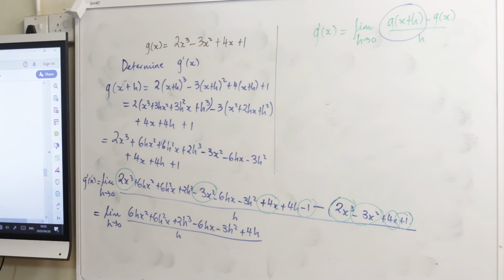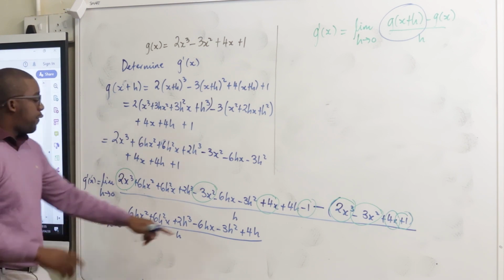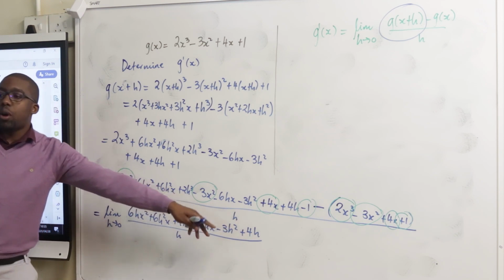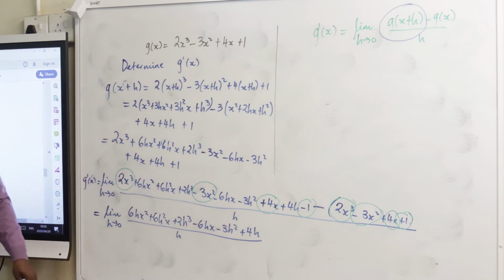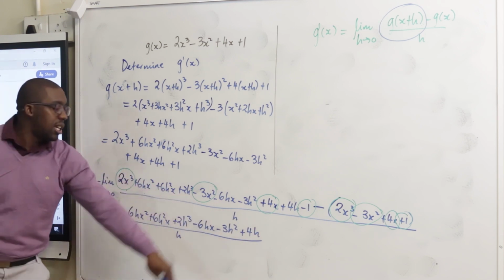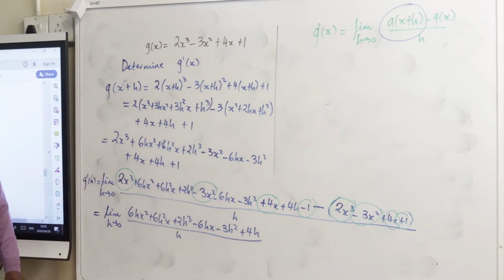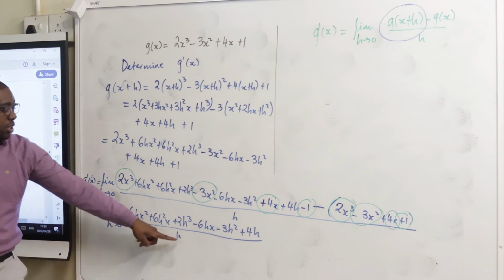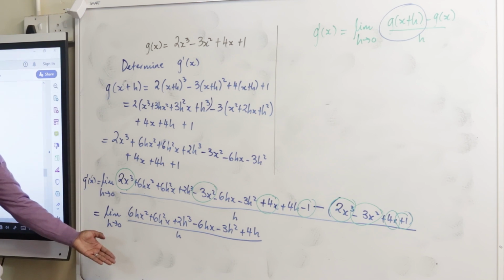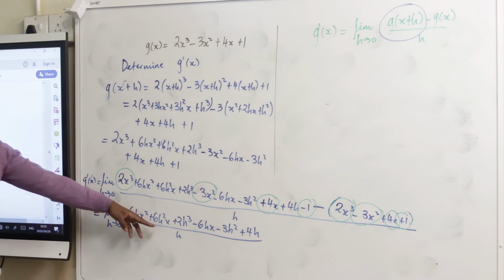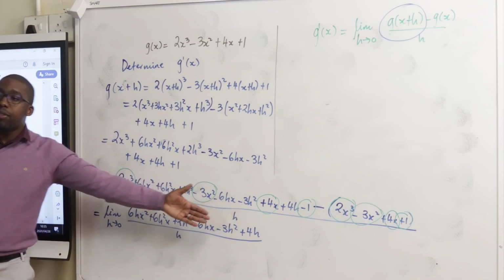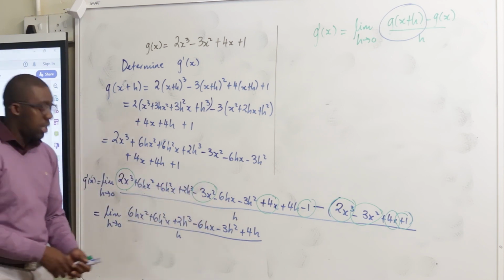Next step, we have to factor out a single h. Even if h squared was common, factor out a single h. Even if h cubed was common, factor out a single h. Why? Because we need to cancel the h in the denominator. That is the purpose of this. If we were to substitute in this junction and say h is equal to 0, it would create an undefined expression. That's what we're trying to avoid.